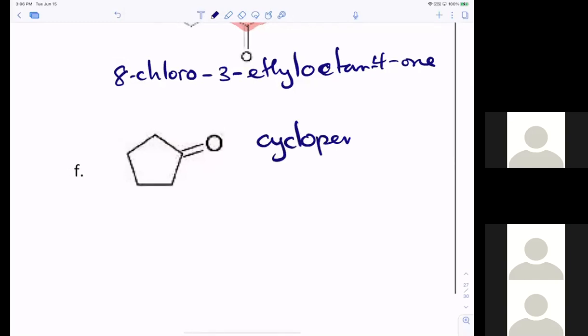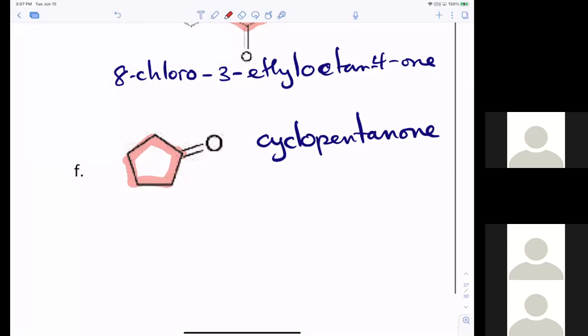Good job. How many remembered cyclopentane? This morning, everybody forgot that. Well, why is it a ketone and not an aldehyde? Because it's got no end. The carbonyl group has 2 other carbons attached, doesn't it? So it's got to be a ketone.